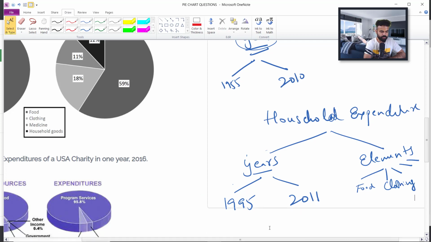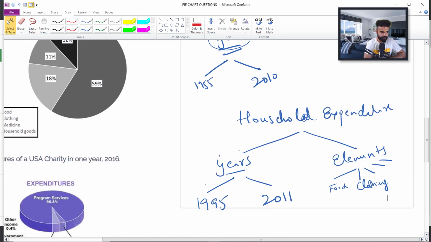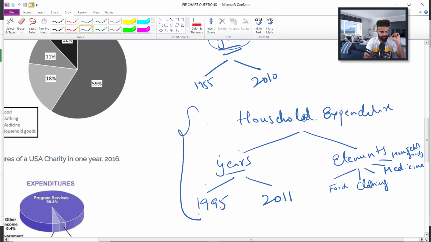and you'll write this on the piece of paper that you'll get in the exam. Okay, medicine and household goods. It's very difficult for me to write here because of this mic, otherwise I would have written it in better shape. So, household goods. Now after making this hierarchy, you just need to see, okay, I have got these elements that are being compared over this attribute.